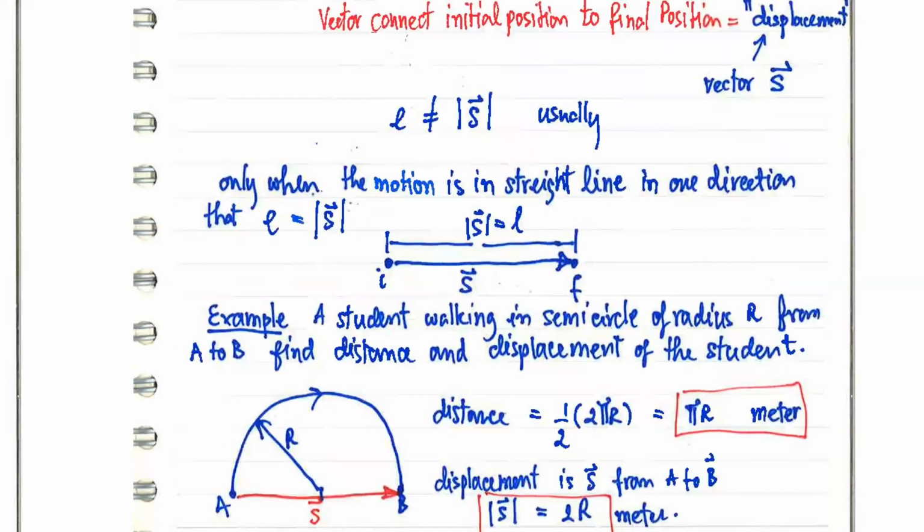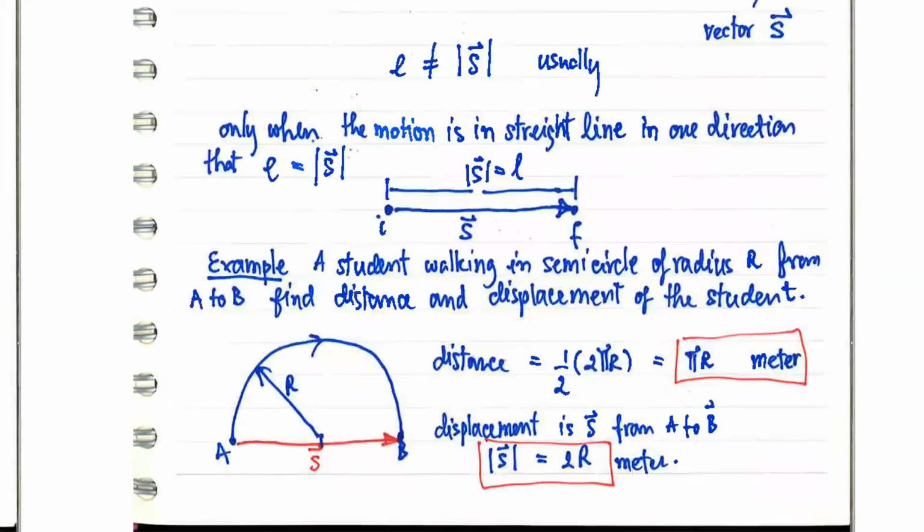However, there is one particular situation where the magnitude of S is equal to L, and that is when the object moves in a straight line in one direction only. So in one direction only, the length of displacement S will equal the length of distance L.